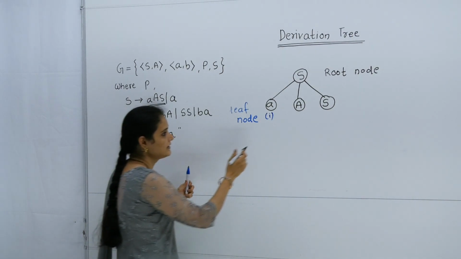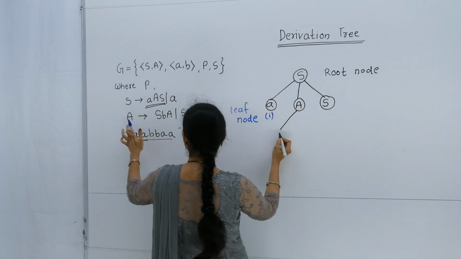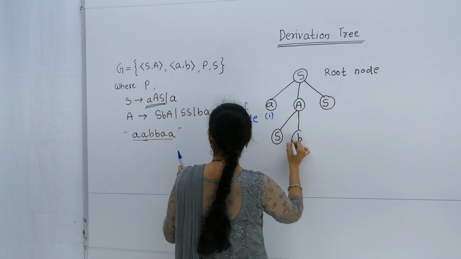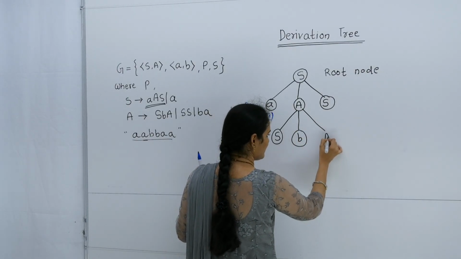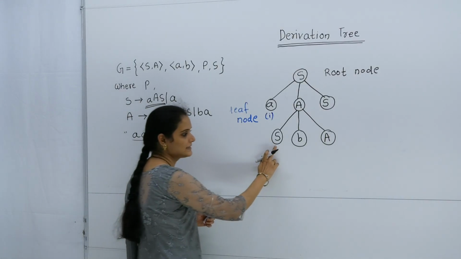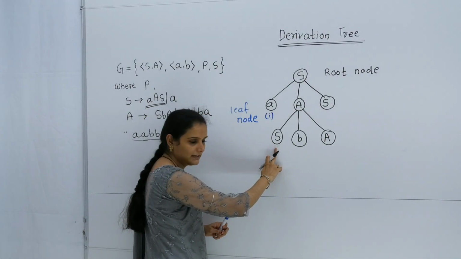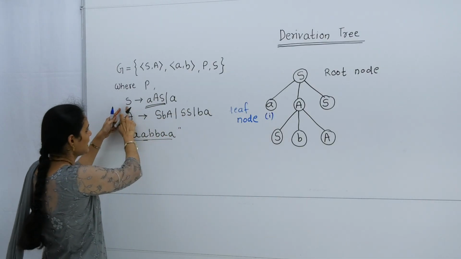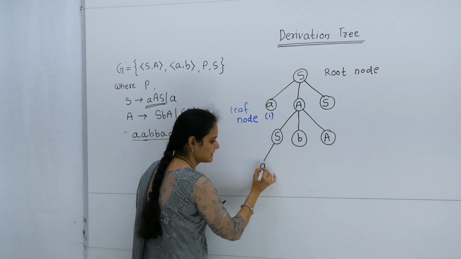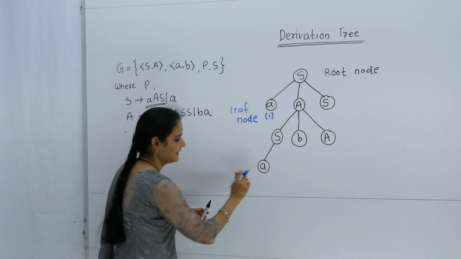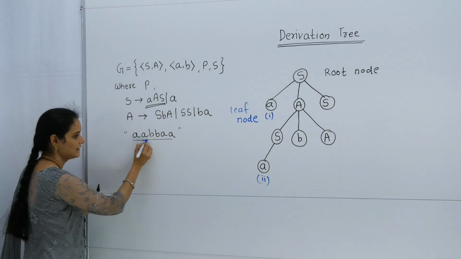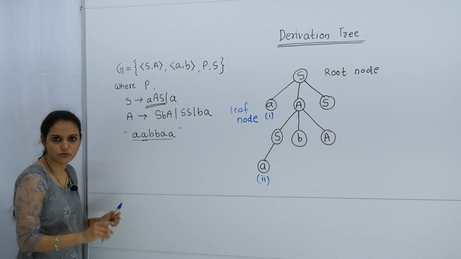Again A produces SbA. Now that is our non-terminal vertex for which I can use S produces a, that production rule. Now it is my leaf node, the second leaf node, which is the second symbol from my string.